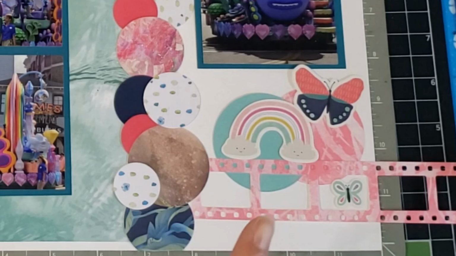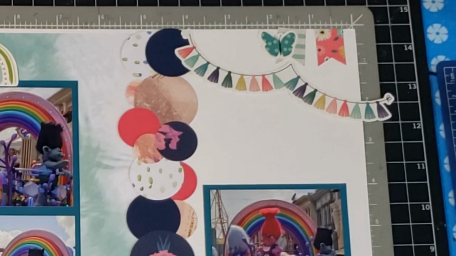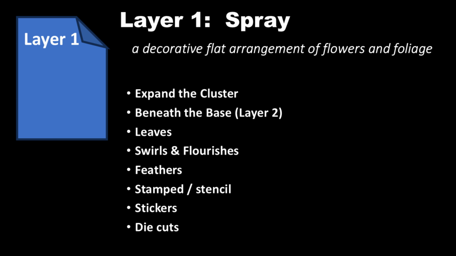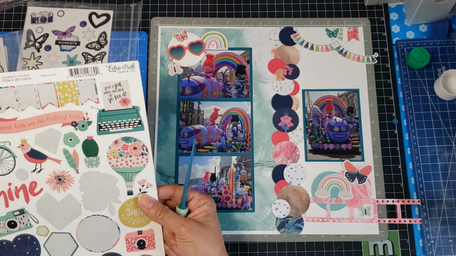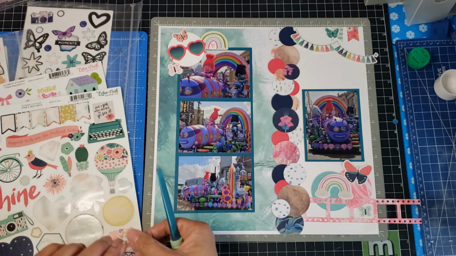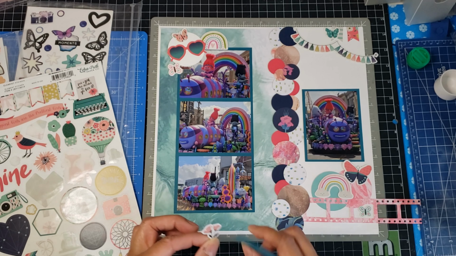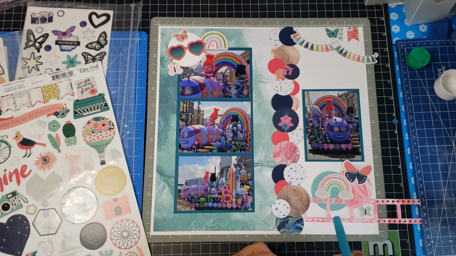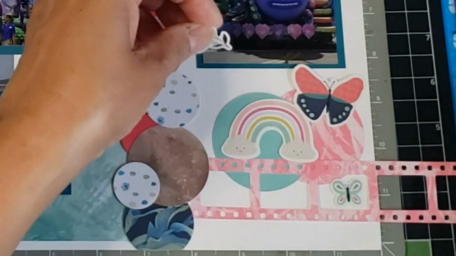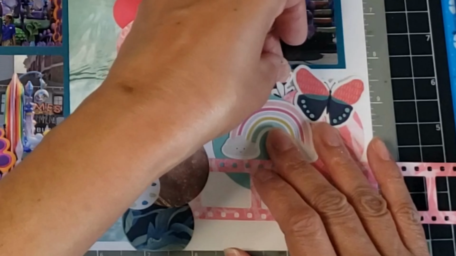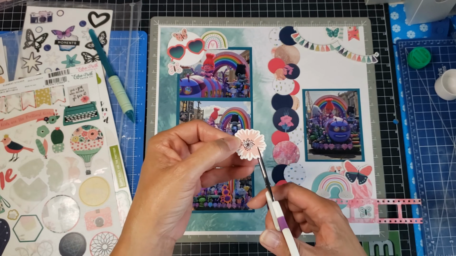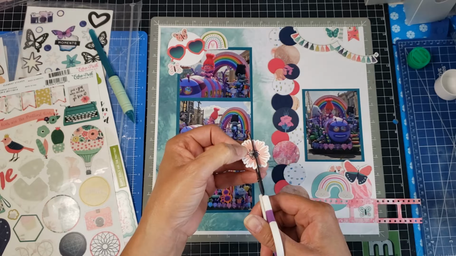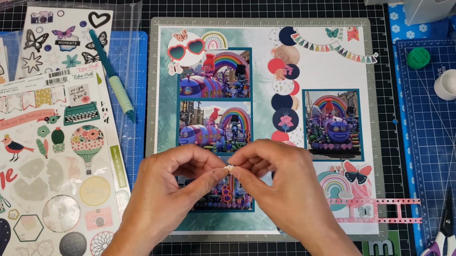And now I'm going to go back to level 1 and put in the sprays. And for the level 1 sprays, I'm going to use some flowers. All I want is the tip of the flowers pointing out. I'm going to cut this flower in half so I can use it in 2 places in my cluster.